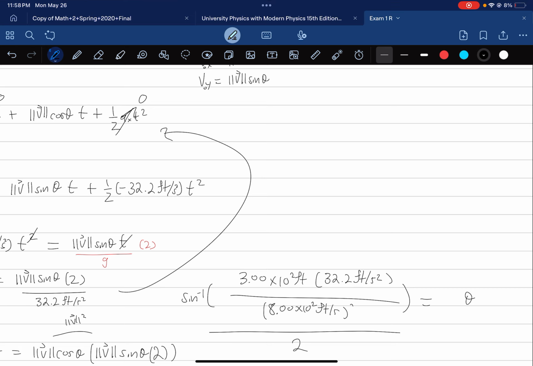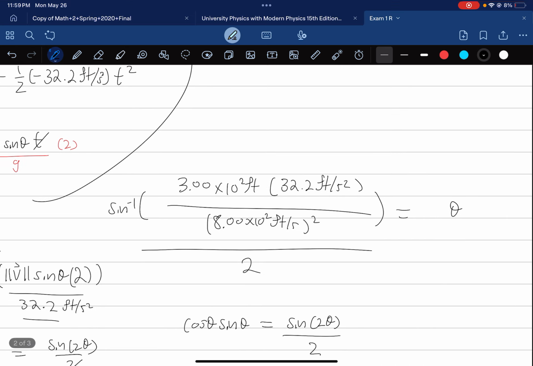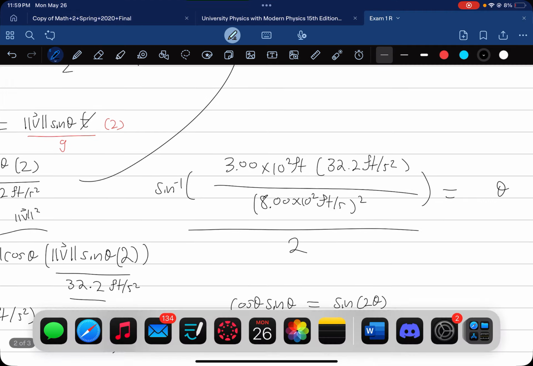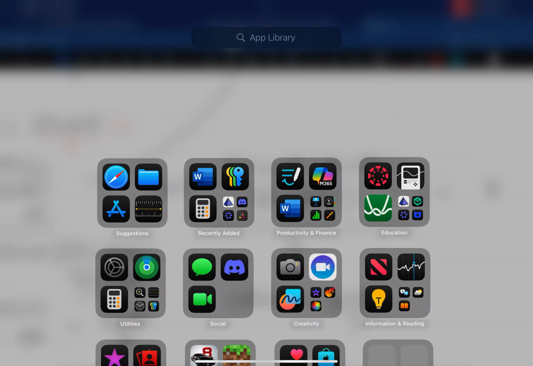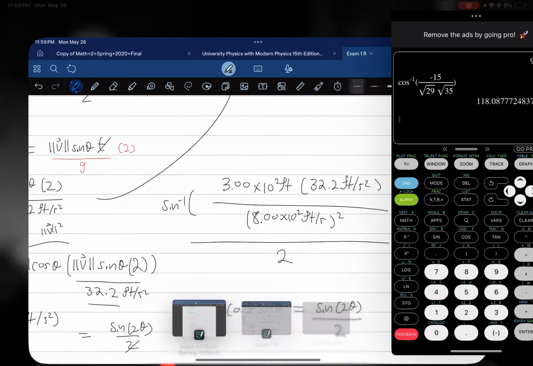And this is whole squared. Now we can actually use a calculator to figure out what that value is. Good for me, I have a built-in calculator on this, which I downloaded. Highly recommend using this app if you want to.